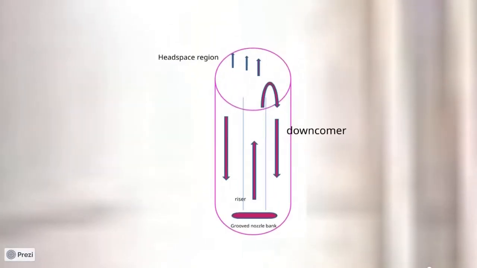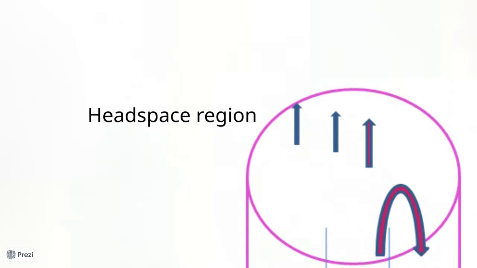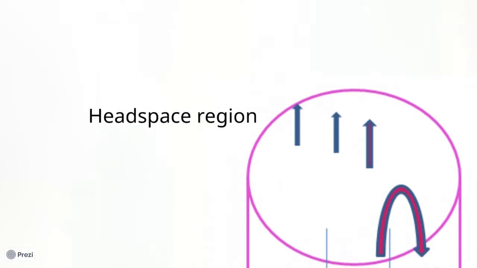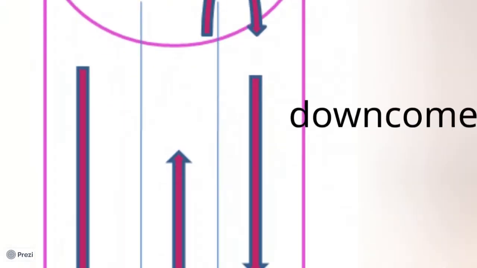The airlift reactor has four main parts. First comes the headspace region, downcomer, riser, and the grooved nozzle bank, where air that is passed through the grooved nozzle bank will be moving up in the airlift reactor through the riser section and reaches the headspace region, and as the pressure and velocity get reduced as it reaches the headspace region, it starts coming down in the downcomer section.